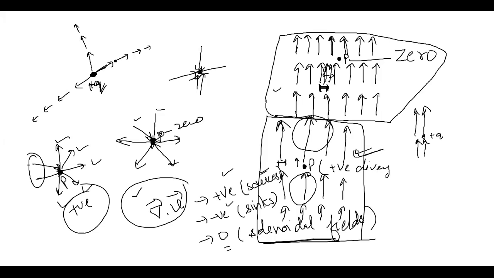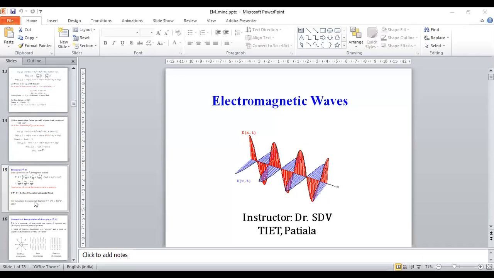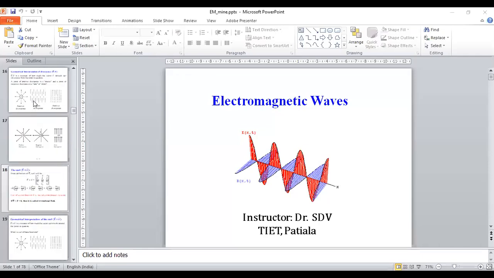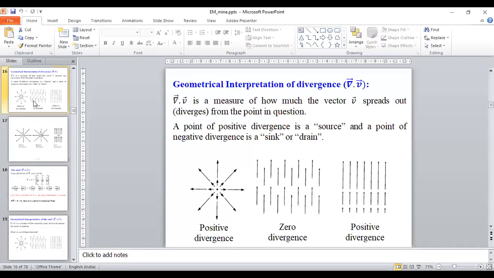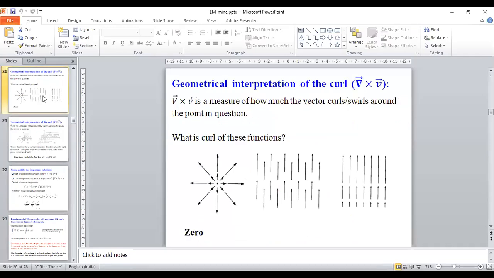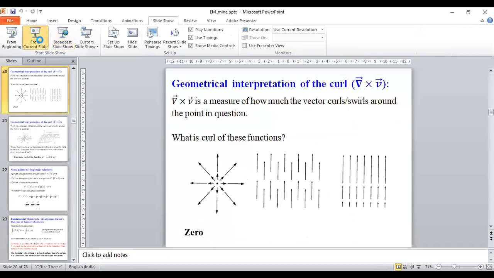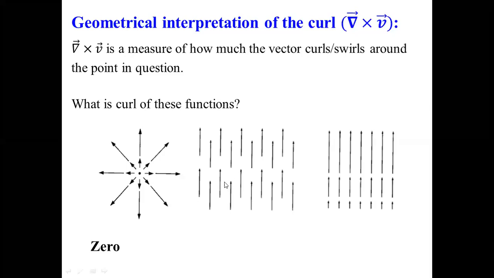I'll show you some of the better figures which I have in the PPT. Just give me a second. At all these points, imagine placing a paper boat. There might be a translatory motion.